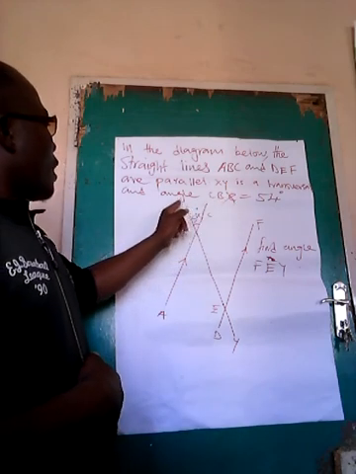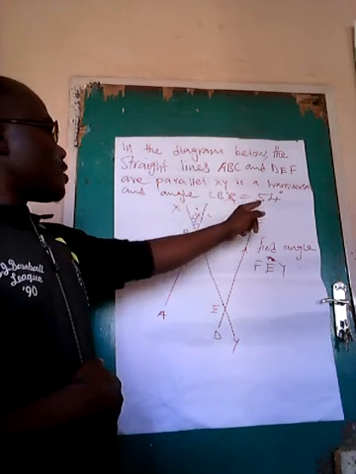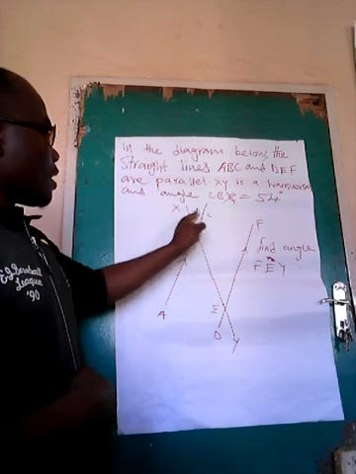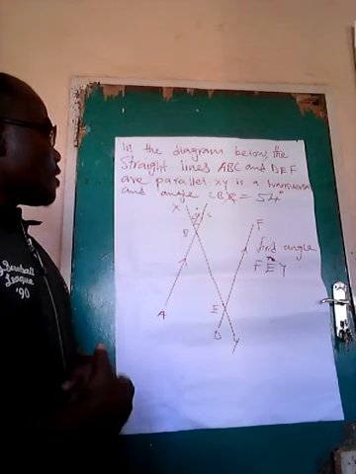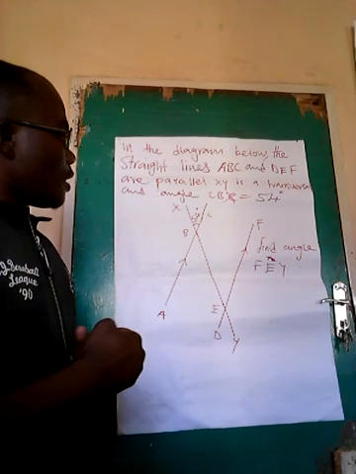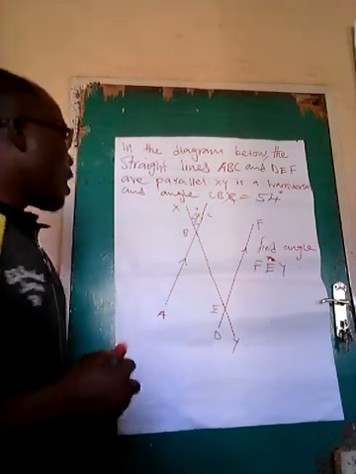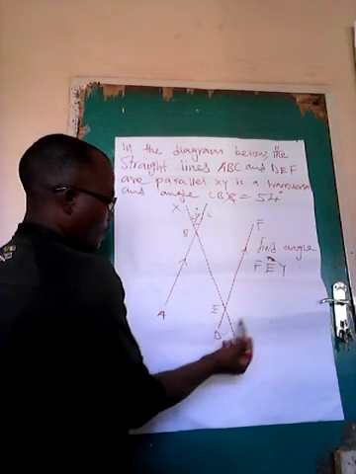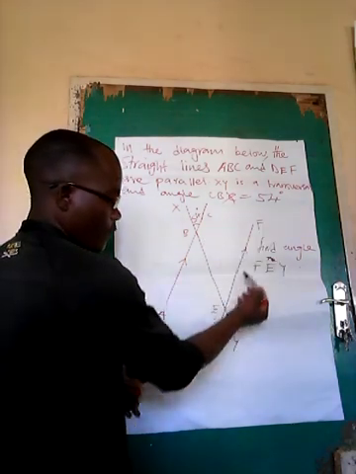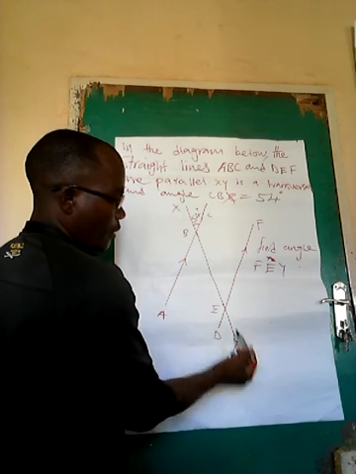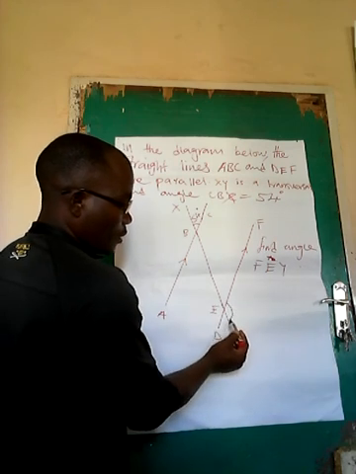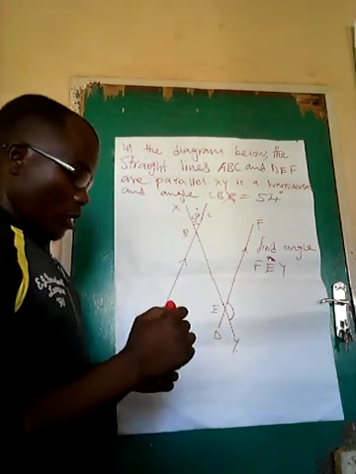Angle CBX is equal to 54 degrees. CBX, this angle there is 54 degrees. The question is find the angle FEY. What is FEY? So this angle. This is the angle they want you to calculate.